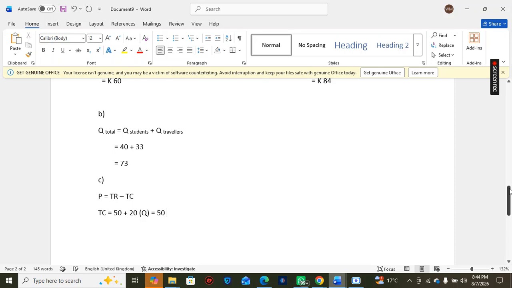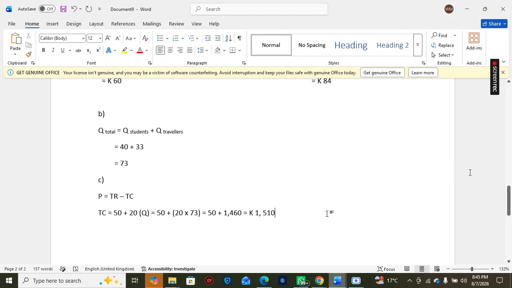So say 50 plus 20 multiplied by 73. 20 multiplied by 73, 1,460. Then 1,460 plus 50, 1,510. That is the total cost. Okay, colleagues, total cost.